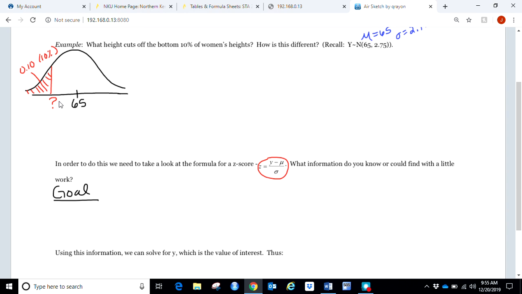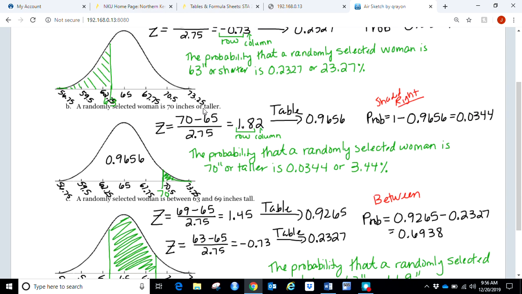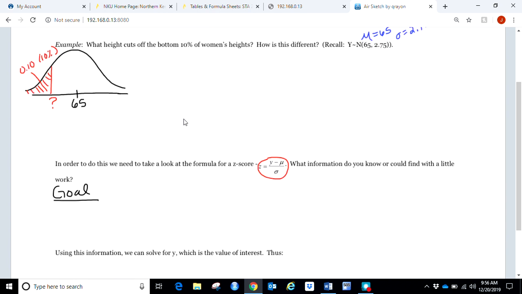Well, before, where did I plug in the height of a woman? Right, it was this value that I plugged in here. So that corresponds to our value of y in our formula. Or in a sense, our goal is now to actually determine what y is. So that means I'm not going to actually know y.